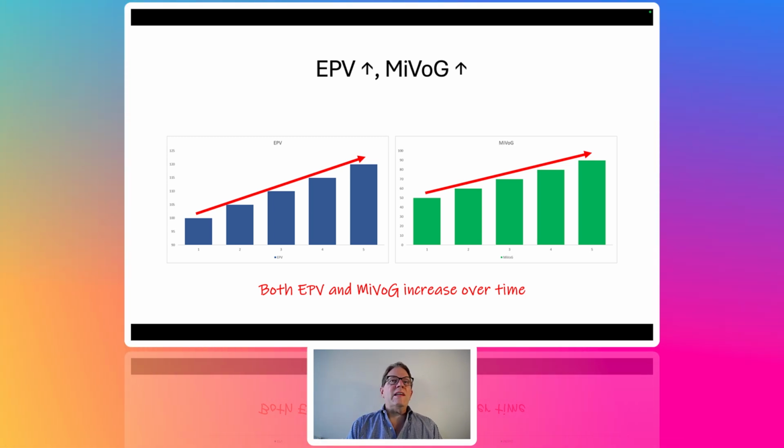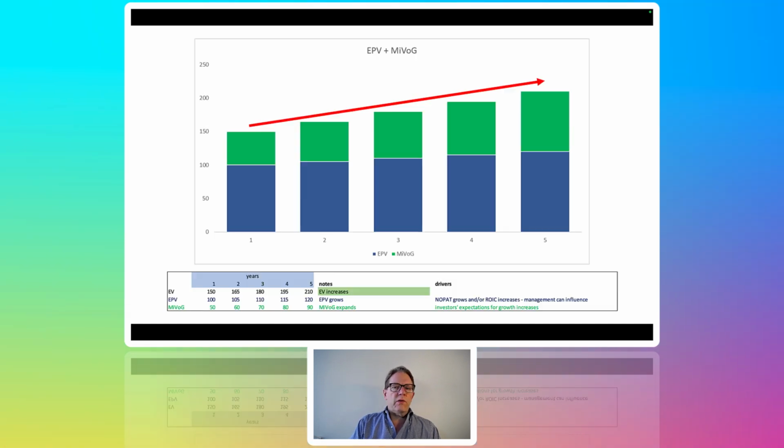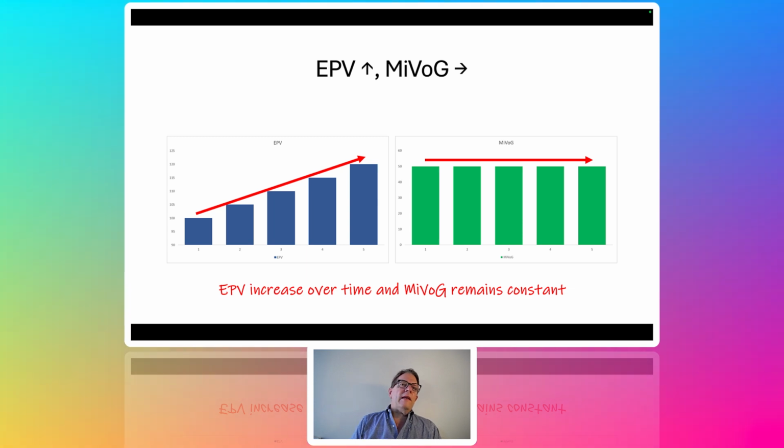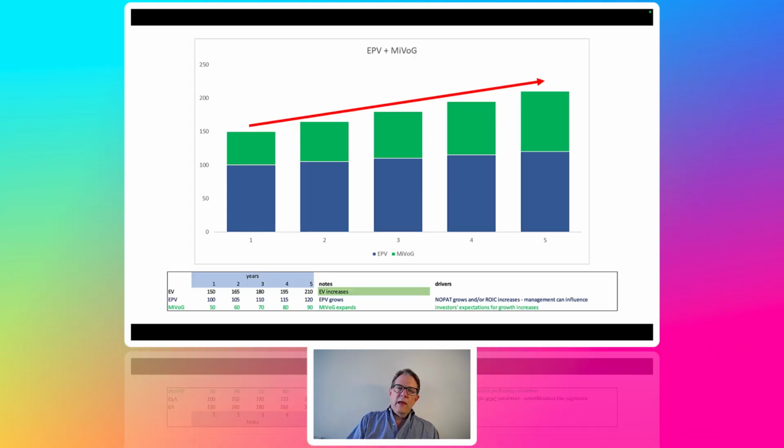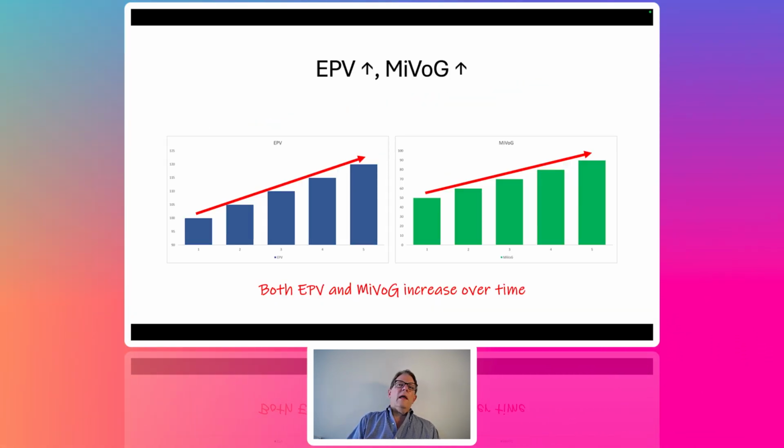If earnings power value is increasing and green is increasing, obviously when we add them together, the total's increasing, and that looks like that. Both are increasing. All right, the second case we had is your earnings power value goes up, but your market implied value growth stays steady or flat or constant. This is effectively a constant PE. I should probably say on this one, this is an expanding PE.